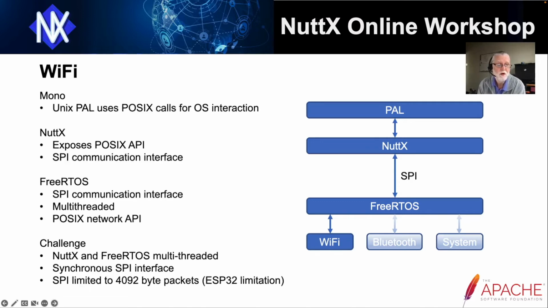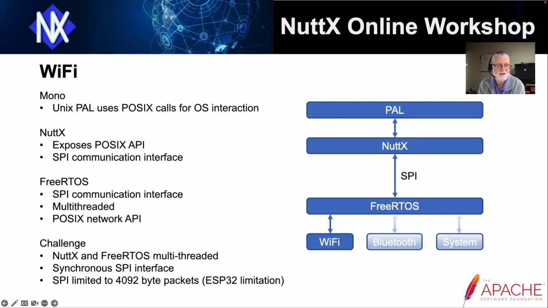So we need a way to have NuttX talk to FreeRTOS, and this is done through the SPI communication interface, which connects the two chips together, using one of the SPI interfaces that are available on the STM32.